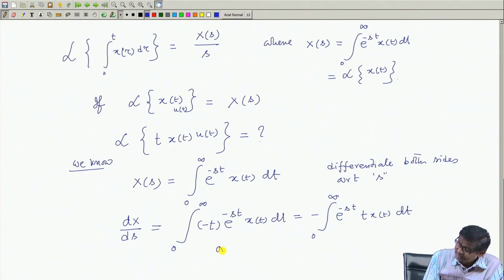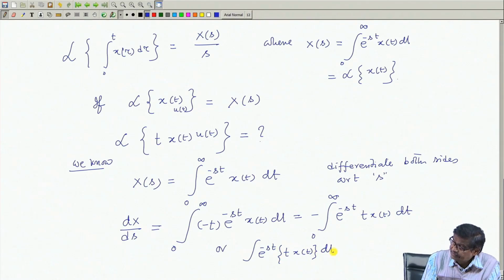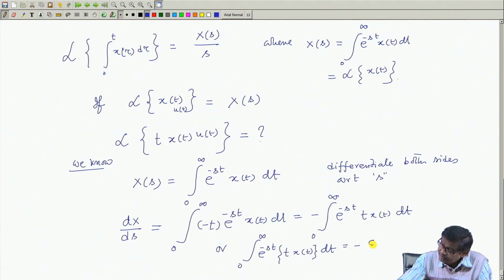Or I can say, if you bring the minus sign to the left, the integral from 0 to infinity of e to the power minus s t into t into x(t) dt is equal to minus dX/ds.